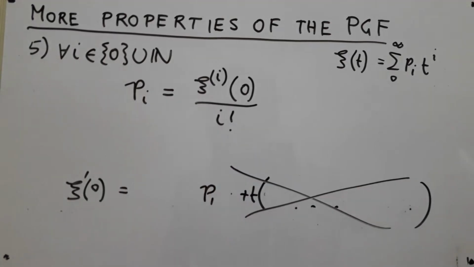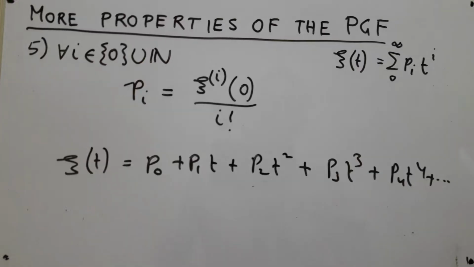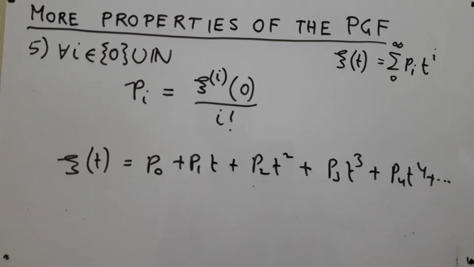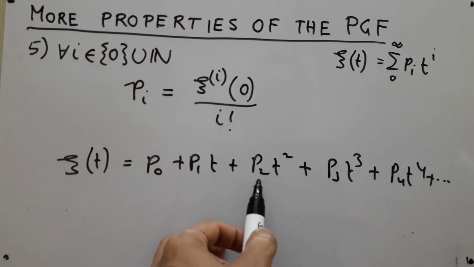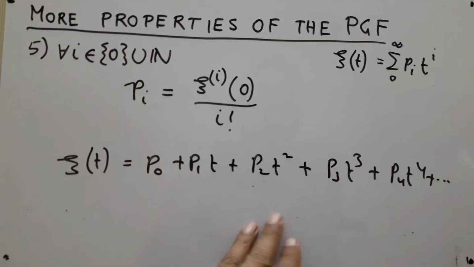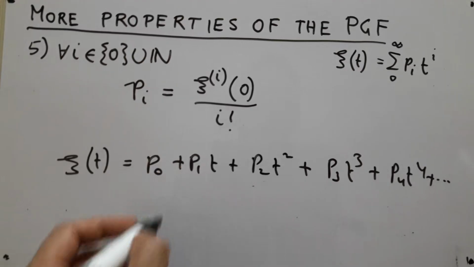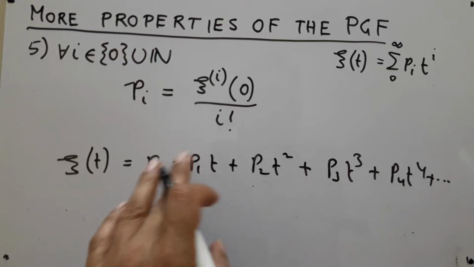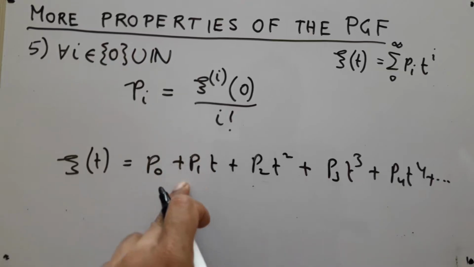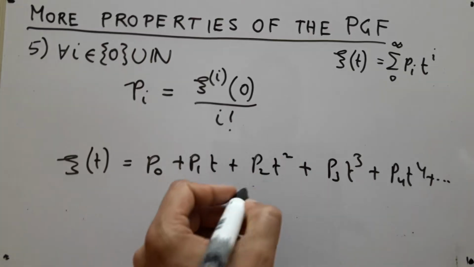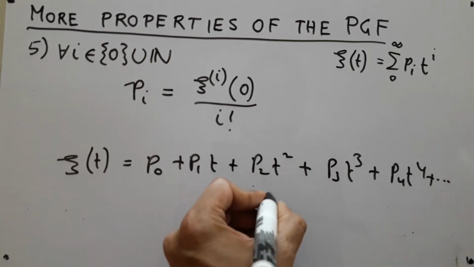Okay, let's do it one more step. I have written it out once again. Now in order to arrive at p2, I have to differentiate it twice. So when I differentiate it for the first time, I kill this. When I differentiate it for the second time, I kill this. Now for the first differentiation, it becomes 2p2t.